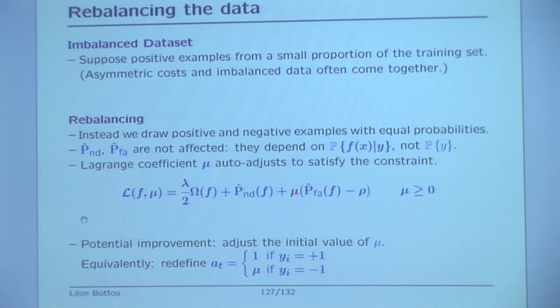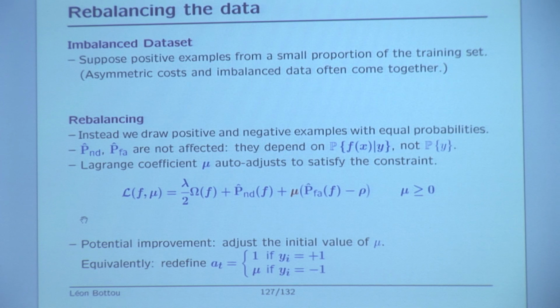Because the probability of non-detection is, among all the positives, how many are not detected? So that's something that doesn't depend on the total number of positives. It depends on the proportion among the positives. And the probability of false alarm is, among all the negatives, how many are false alarms? And I want that to be less than rho. And that's defined independently of the number of negatives. So if I rebalance, I don't change the problem.